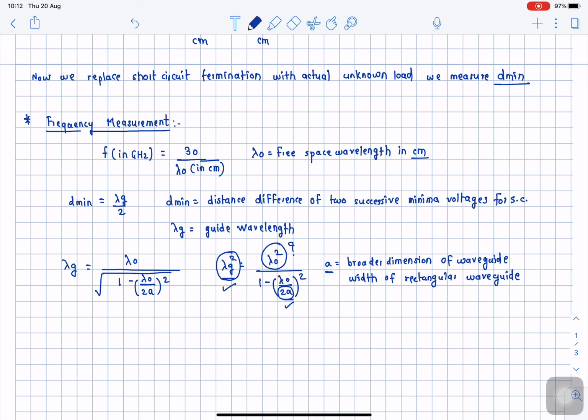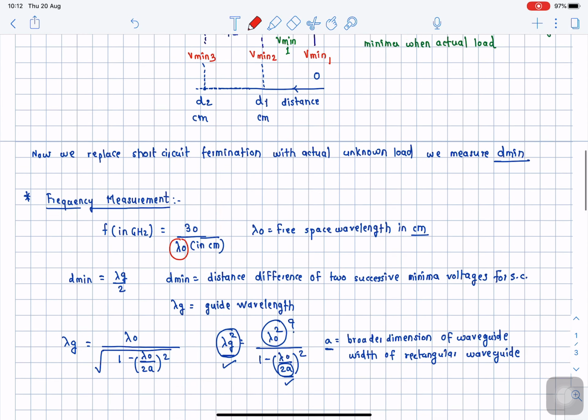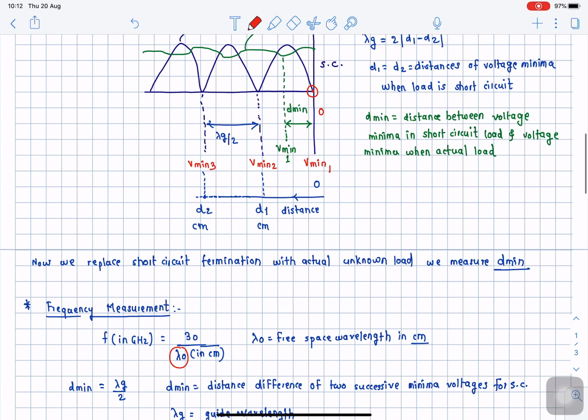Once we know the free space wavelength, we can place it into the original equation of frequency in centimeters, and calculate the unknown frequency in gigahertz. So the frequency measurement procedure is very simple and straightforward, and it doesn't require a separate setup.